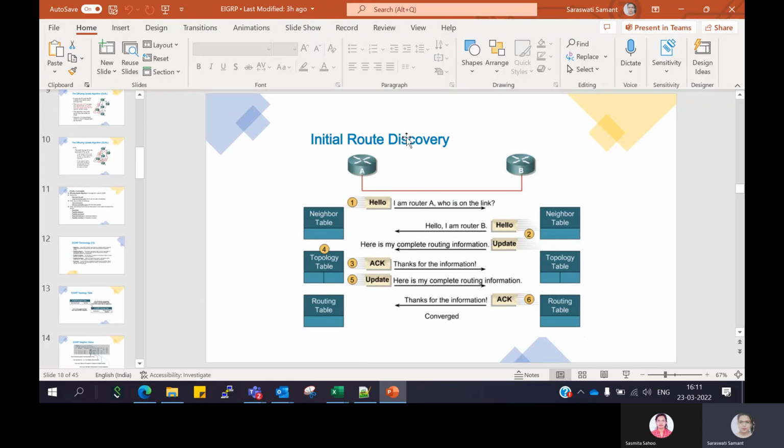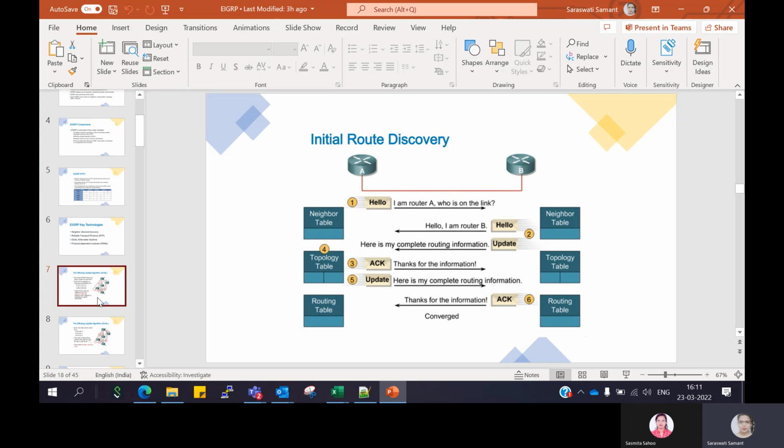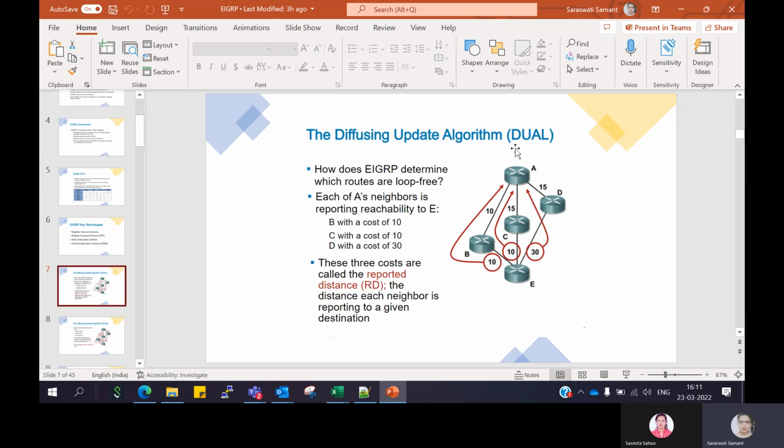So that's how the initial route discovery works. Now, what exactly is the diffusing update algorithm? EIGRP uses this DUAL algorithm to check the RD or AD, reported distance or advertised distance, and feasible distance. What exactly is feasible distance? Suppose this is router A, which is the source, and this is router E, which is the destination.